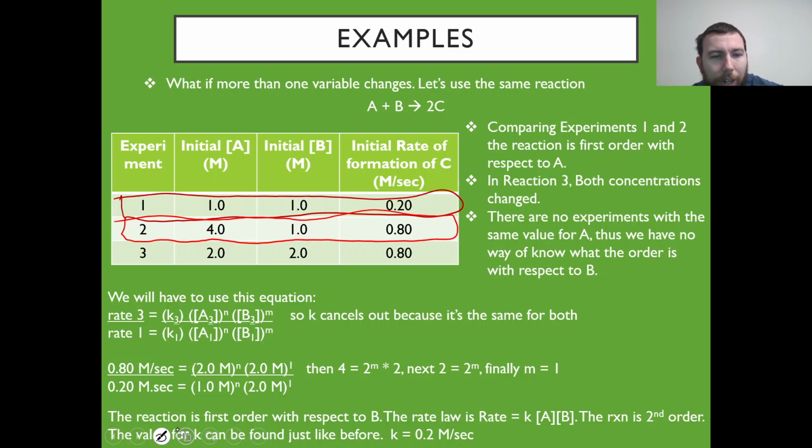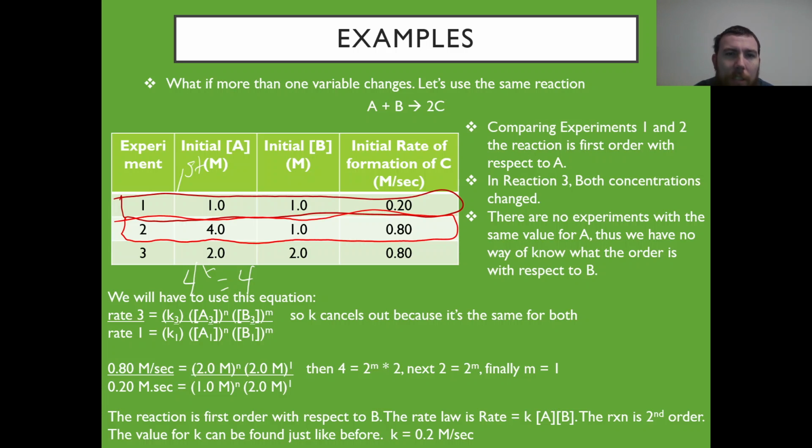So we could figure out for A, A increased by a factor of 4, so this is 4 to the x equals, our B term is just going to simply be 1, so we can remove that, and the rate increased by a factor of 4. Well, that means that A is first order.